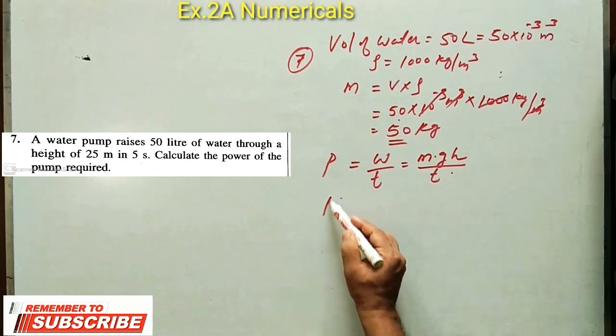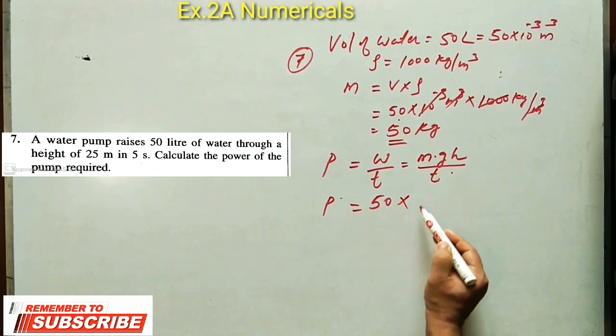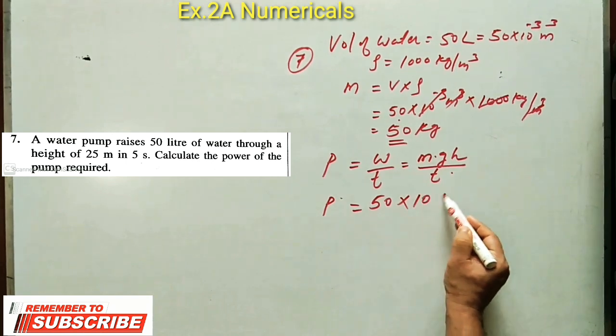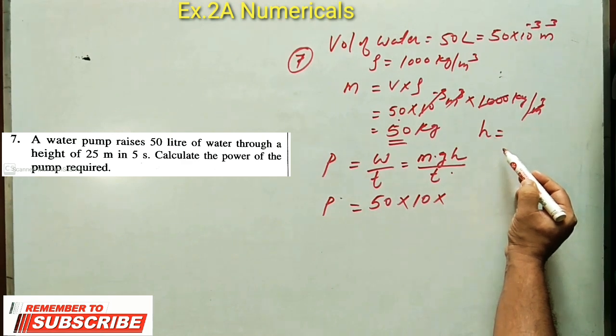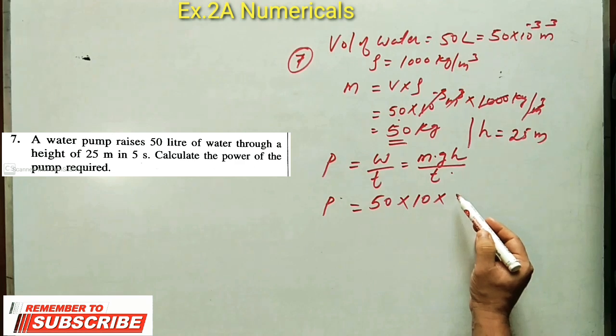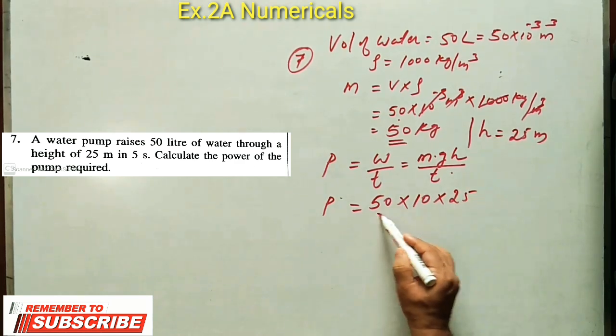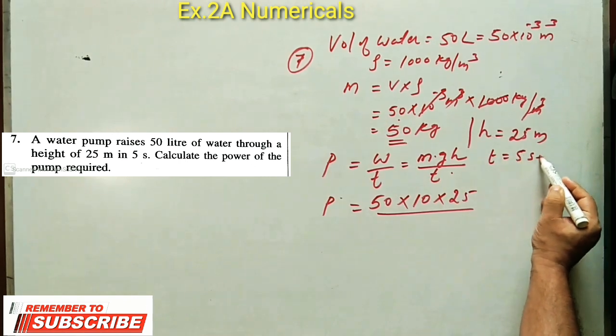So we can write power is equal to mass, the value is 50, into g, which is given as 10, into height. The value of height is given as 25 meter. So into 25 divided by time. Time is given as 5 seconds.